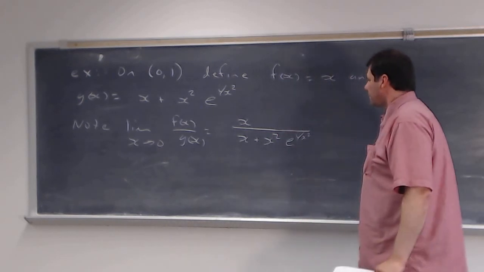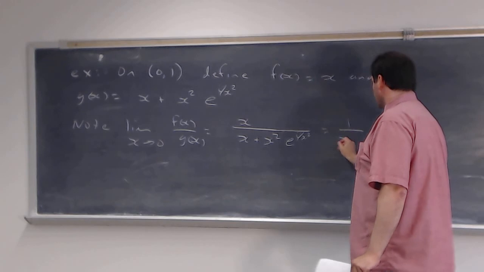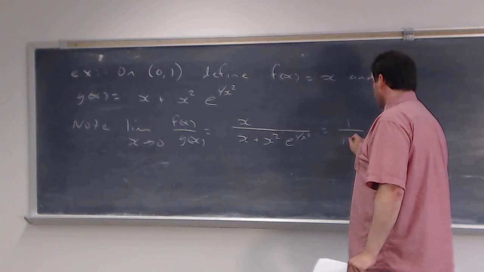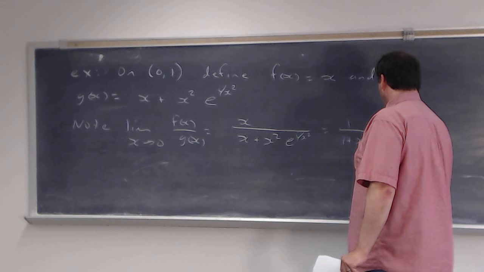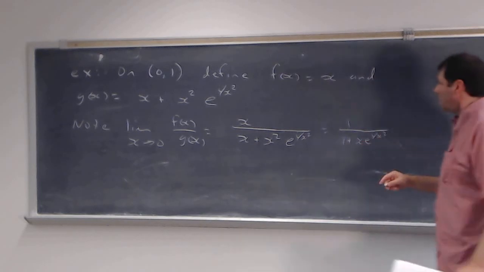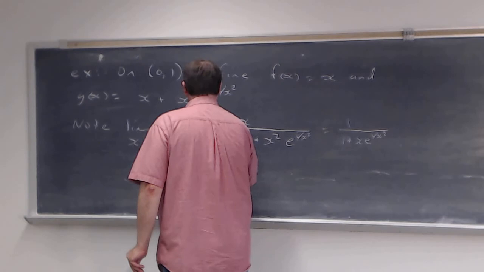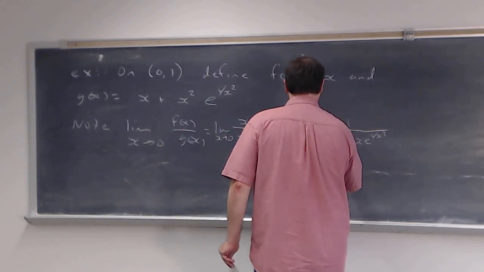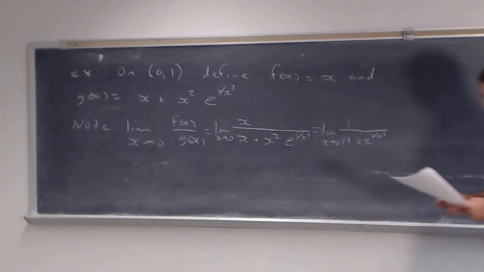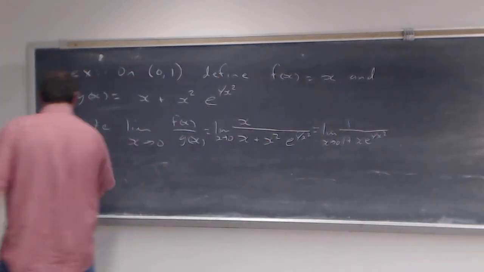Then we can factor out x in the bottom and cancel with x in the top to get 1 over 1 plus x times e raised to the i over x squared. Of course, this should have limits out in front of it: the limit as x goes to 0.